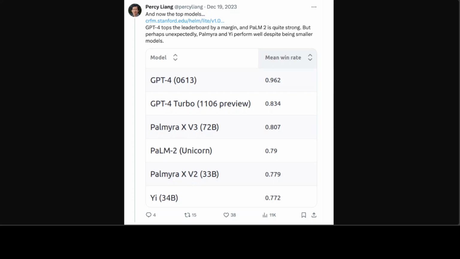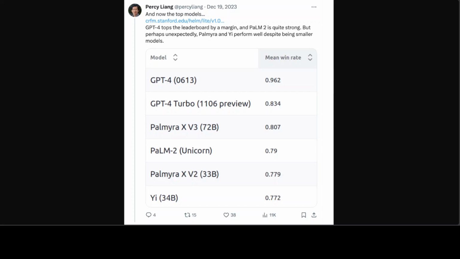HELM Lite has performed well already. It is not just a subset of HELM Classic, which was released 1 year ago, but by simplifying it, the researchers at Stanford now have room to expand to new domains. They have added medicine, which is MedQA, LegalBench, and machine translation.